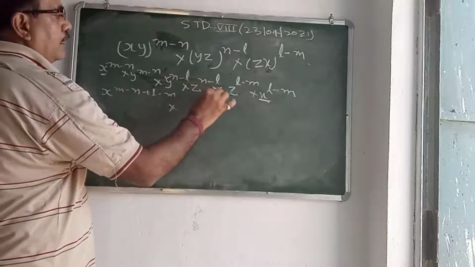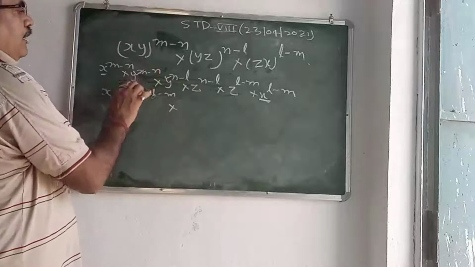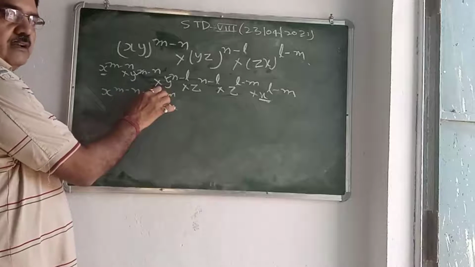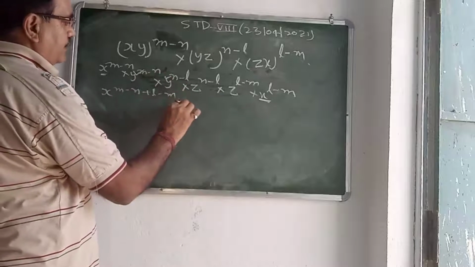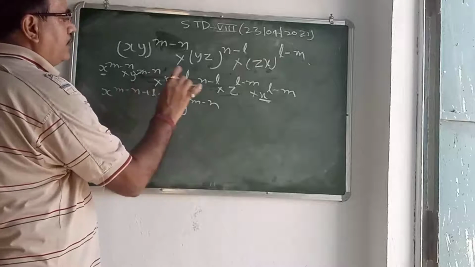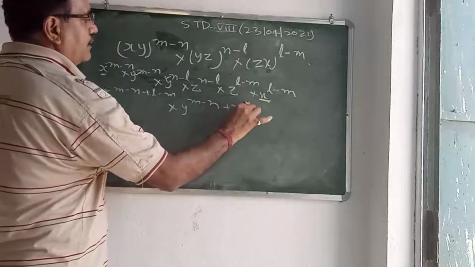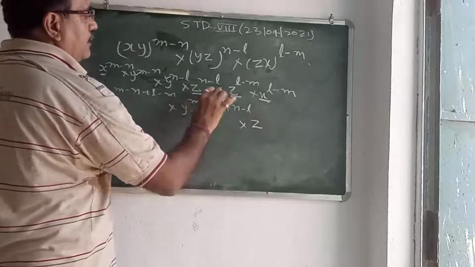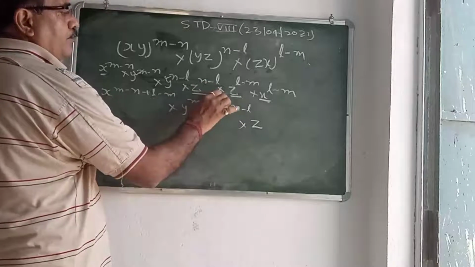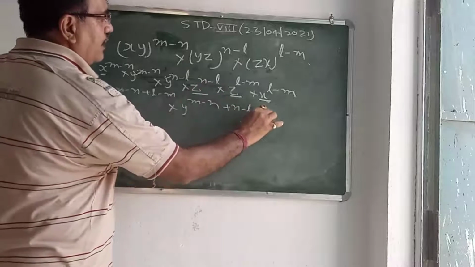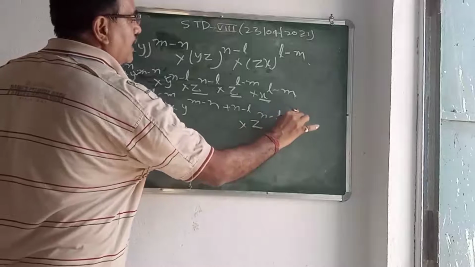So x to the power m minus n plus l minus m. Again, this y and this y have the same base, and between them a multiplication sign is there, so their power will also be added. y to the power m minus n plus n minus l, into z. z has the same base and a multiplication sign between them. So z to the power n minus l plus l minus m.